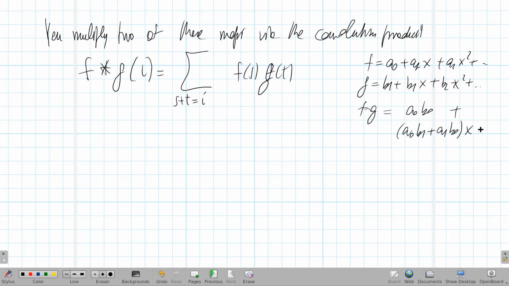This is something we learn in school. And what's the point? The coefficient of, say, x squared is given by the sum of all products a_s b_t, where the sum of the indices equals, in this case, 2. Here the sum of the indices is 1, and so on. I won't go through all the details, but this is how you construct polynomials. So the convolution product is nothing else than the usual product of polynomials.